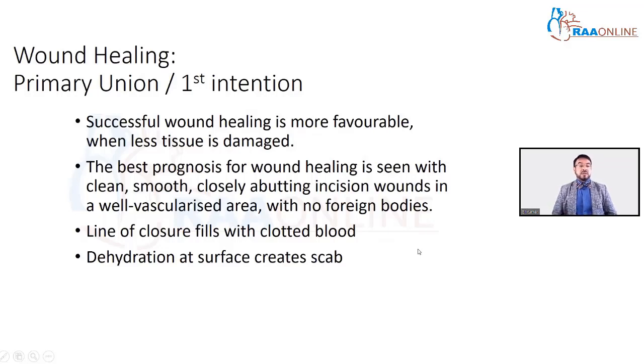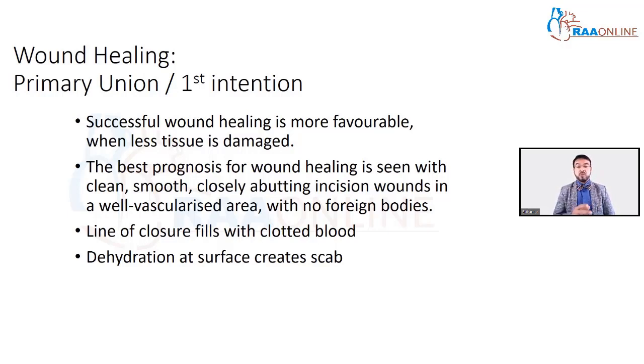Okay. Now, the best form of wound healing occurs when the least tissue is damaged, which means the best wound healing would occur in a wound where the incision is cut straight, the margins are close together, there is good blood vessel formation there, and there are no foreign bodies.